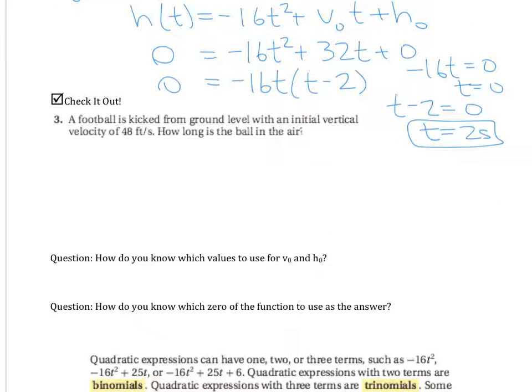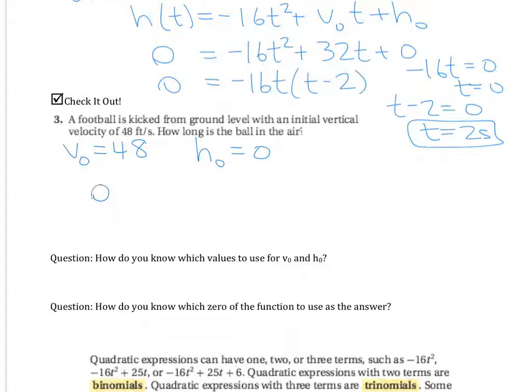Okay, so let's try to check it out together. We have initial velocity of 48. How long is the ball in the air? So that's going from 0 to 0. So our initial height is 0, and our end height is 0.